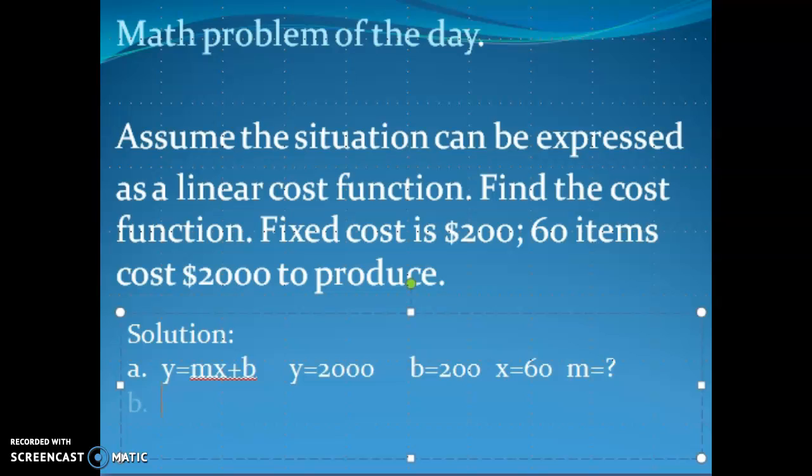So, now we are going to plug in all the information. So, y is 2,000. So, put 2,000 equals your slope, which is unknown. So, just put m times x, 60, plus your b-intercept is 200.